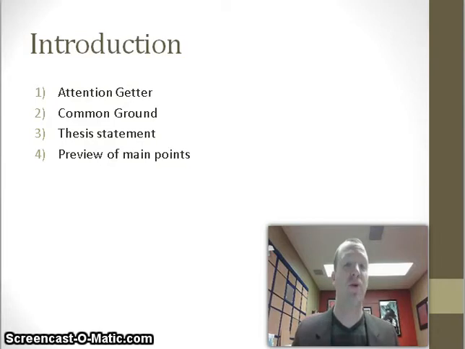So the preview of your main points creates this mini outline. They go, okay, we're going to do this, this, and this. Oh, great. So they have an outline in their head. Because they can't follow what you're talking about on paper, they need to hear you say it. Okay. So those are the 4 things you need in an introduction.